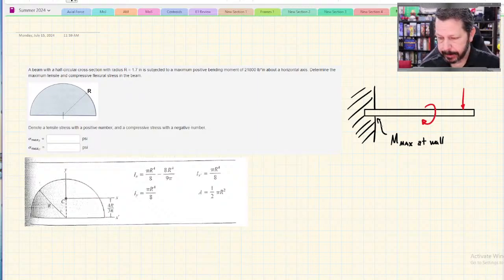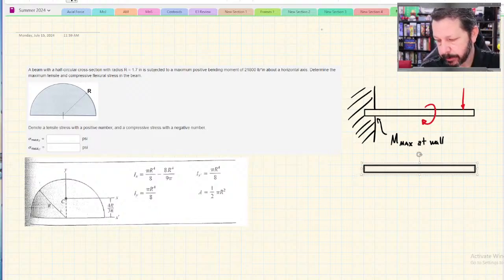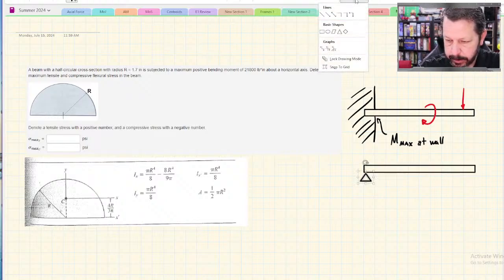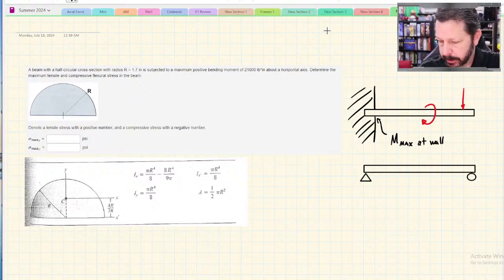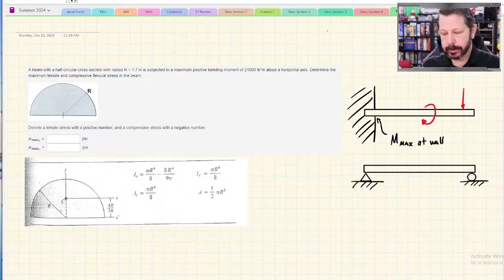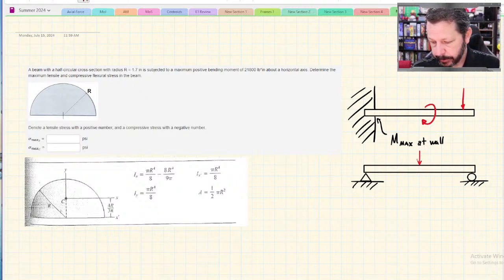The other scenario, and it's kind of two scenarios, well, it's one scenario, we'll just call it one. The other scenario is for simply supported beams. And in its case, there is a caveat. As long as your load and support reactions are symmetric, for instance, you have a point load right in the middle, then the maximum bending moment is at the middle.